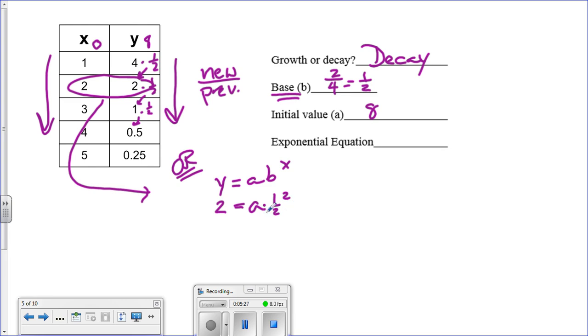So 2 is equal to a times 1/2 squared. So 2 is equal to 1/4 a. Well, now all we have to do is solve for a. So I think I'm going to multiply both sides by 4, and I get 8 is equal to a. Put it all together. Y is equal to 8 times 1/2 to the x power.